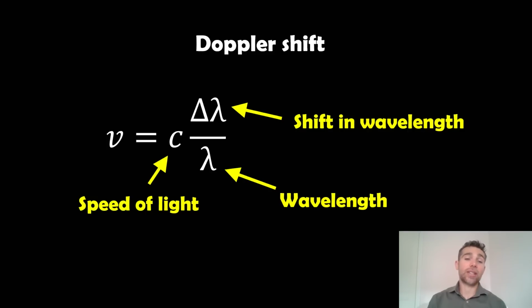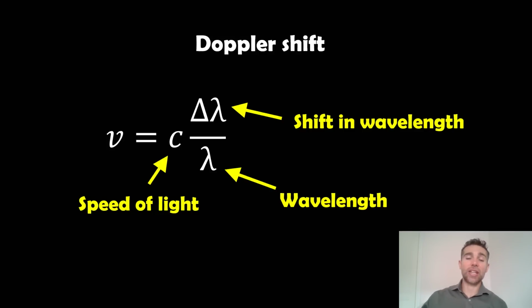And we can calculate the velocity at each measurement using this particular equation here. So basically your delta lambda is your shift in wavelength. So if we know what our wavelength is, which is the bottom lambda there, quite often we might use the H alpha, which is 656.28 nanometers, and that's when it's stationary.